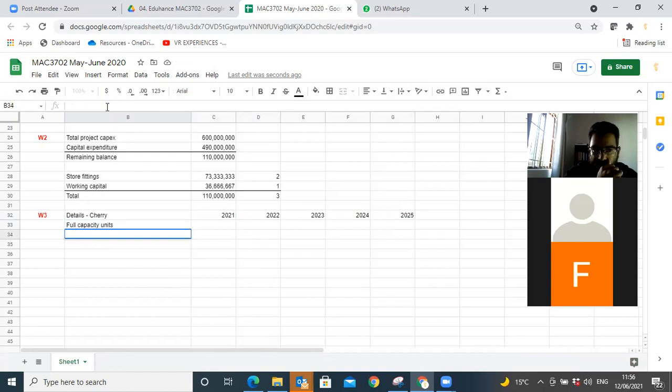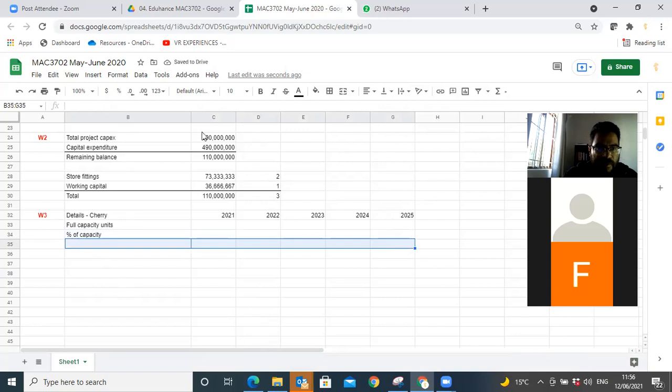Now we're going to have units. Okay, so it's going to give us our units. Then we're going to have average selling price.